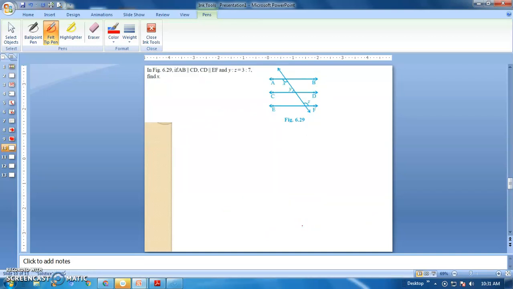Right. Look at here, another one. So here AB is parallel to CD. These two lines are parallel, and CD is parallel to EF. So AB is parallel to CD and CD is parallel to EF. All three lines are parallel to each other. And similarly, the ratio given is y is to z equal to 3 is to 7. So from the diagram, what about the sum of these two angles?